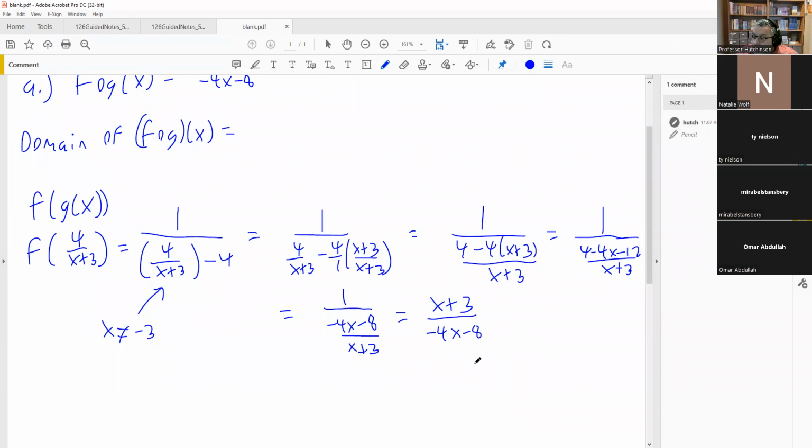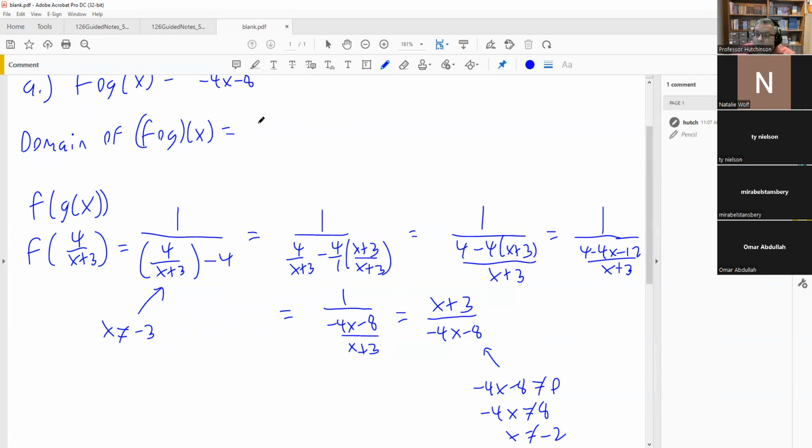For this, I'm going to take the bottom, negative 4x minus 8 cannot be equal to 0. If I solve for this, I get x is not equal to negative 2. So now I have two numbers that cause division by 0. X is not equal to negative 3, and x is not equal to negative 2.